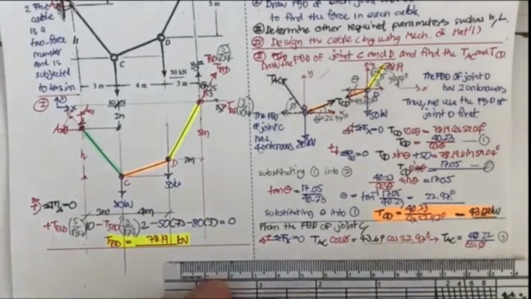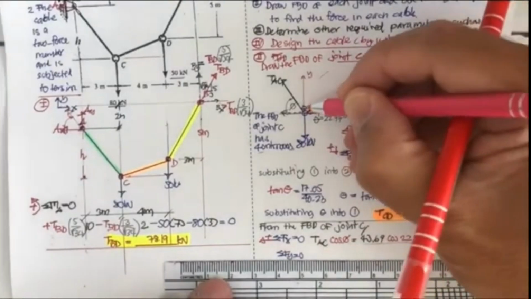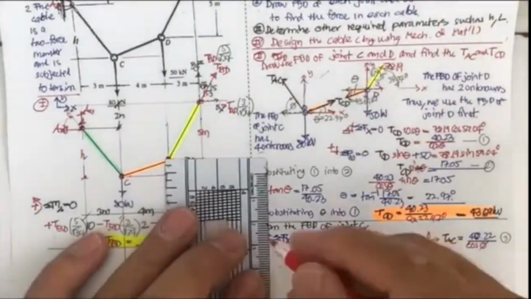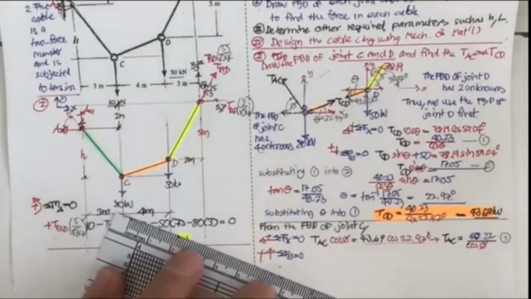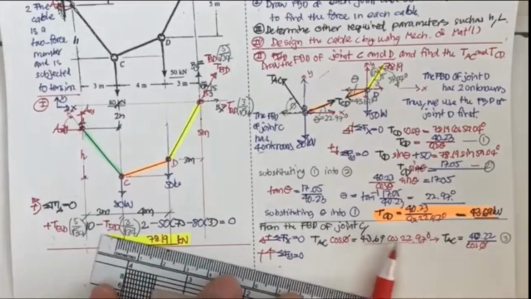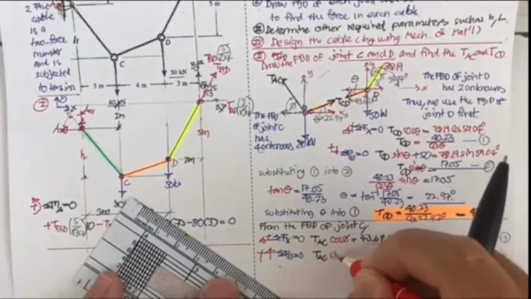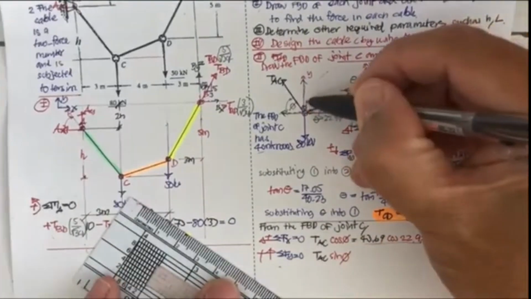Now you do the summation again. Summation of F sub y equal to 0. This one is going to be upward, so upward is positive. This one is positive, and you get T sub AC sine phi. And then if you project this one, it's going to be up.